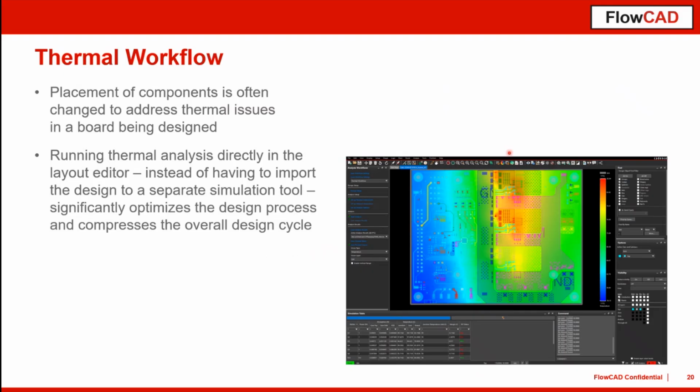Finally, we also have this temperature, or thermal, workflow. That is, from my point of view, very useful in the early design stage when you perform some placing studies. To do this thermal analysis, you need to assign a power dissipation value to your components of interest, as shown here.